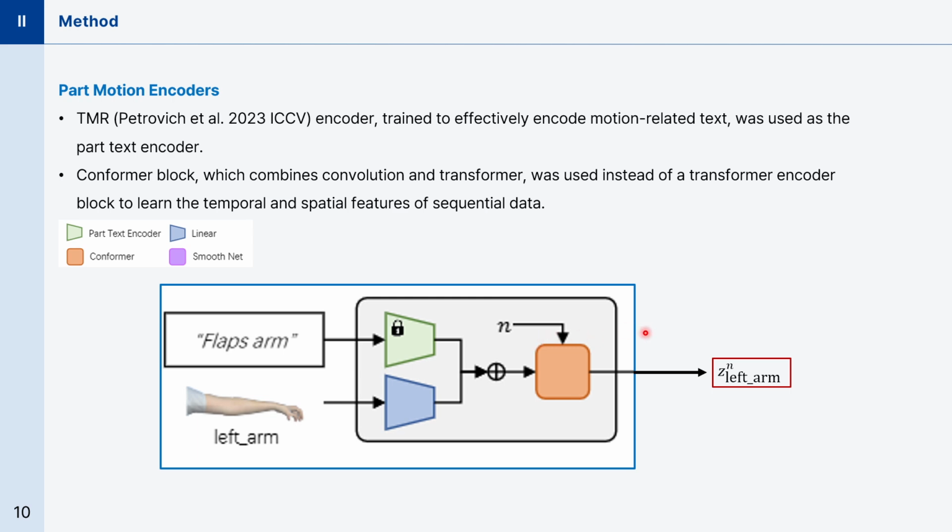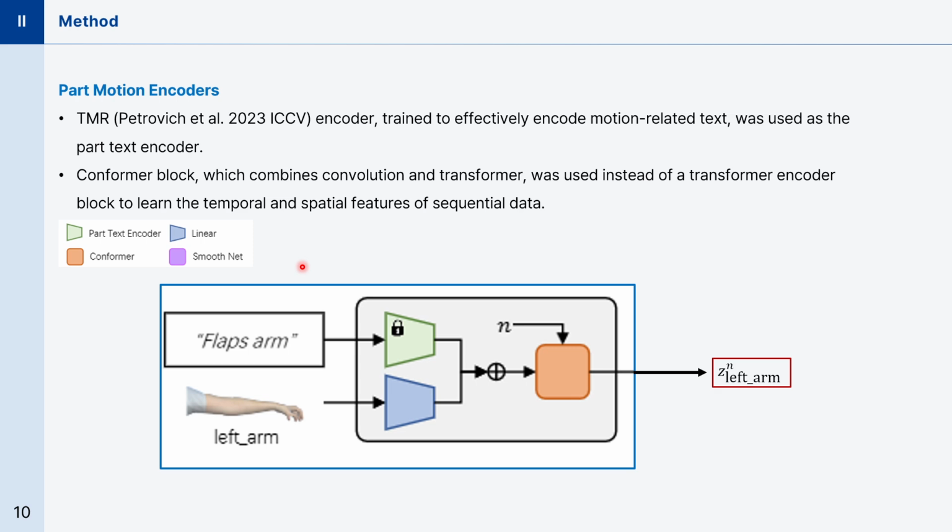And the part motion encoders use two key components to process motion-related text and sequential data effectively. First, the TMR encoder is employed as the text encoder. Unlike general-purpose encoders, it is specifically trained to encode motion-related text, allowing it to capture fine-grained semantic details needed for precise motion generation. Second, the conformer block replaces the traditional transformer encoder block.